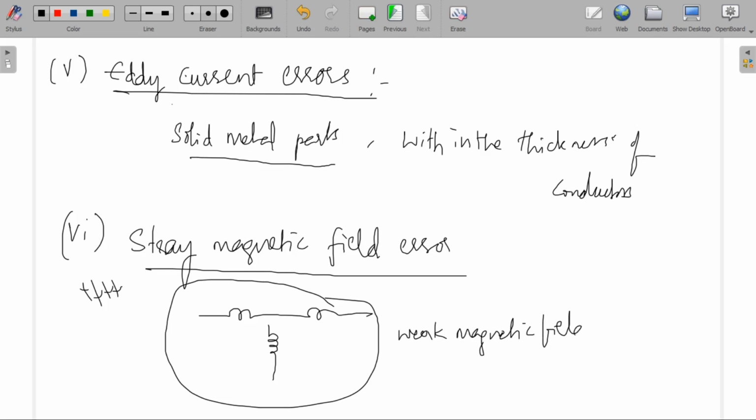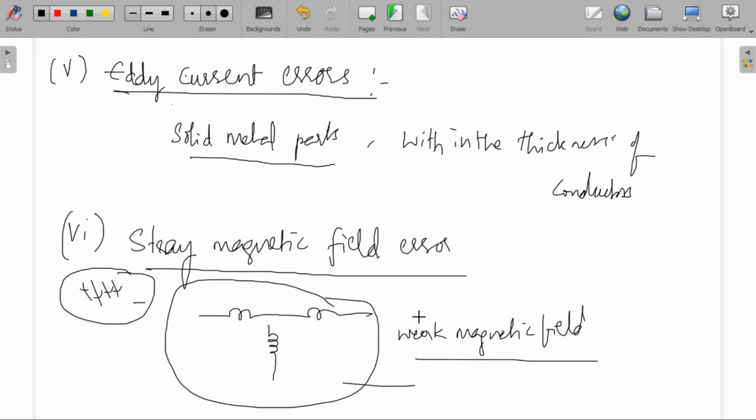So an external magnetic field may affect the internal magnetic field of the instrument, as a weak magnetic field is present inside it.